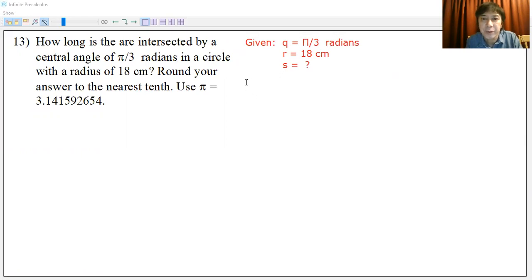So we will start with the formula. S is equal to R times the angle. This is our formula. So we shall begin with S equal to R, 18, times our given angle, pi over 3.